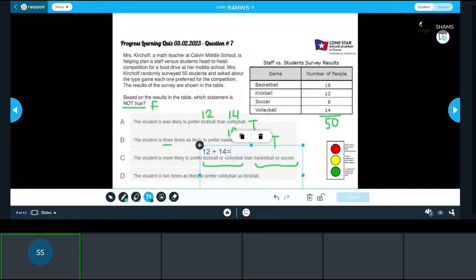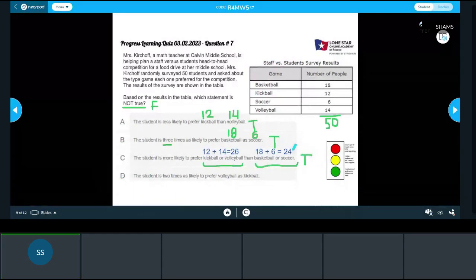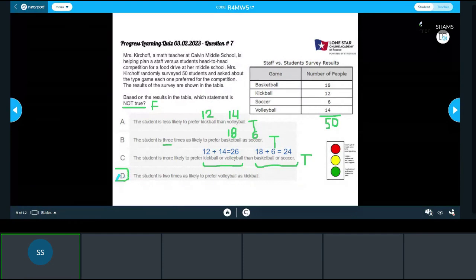Altogether, that is 26, whereas basketball is 18, soccer is 6, 24. So is that true? Yeah, 26 is more, so I can say this is true. Students are more likely to prefer kickball or volleyball over basketball or soccer because 26 is more than 24. D, I can say D is false because all of the others turn out to be true.